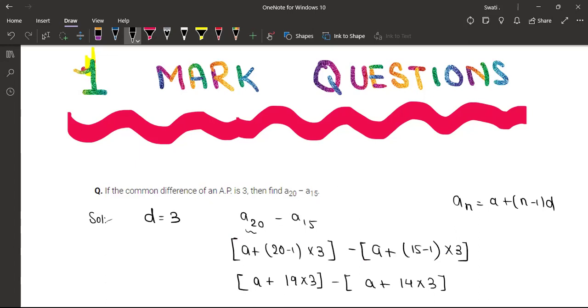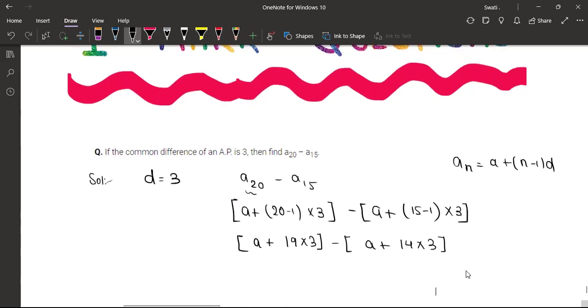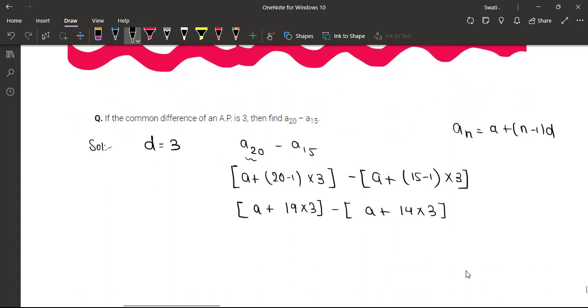Yes. Okay. Now let's go ahead. Can you tell me what is 19 times 3? Just a second. Yes, you can do these multiplications and let me know the answer. 51. Is it 51 or is it 57?